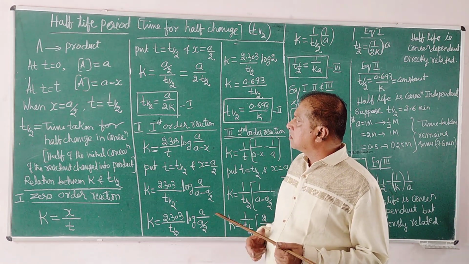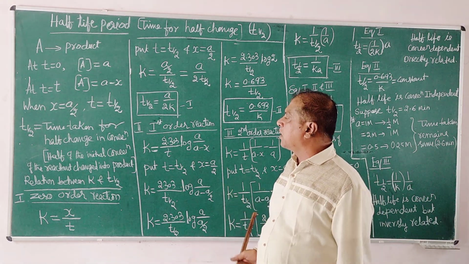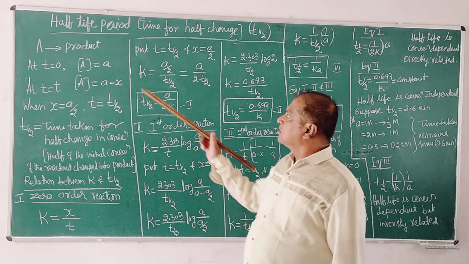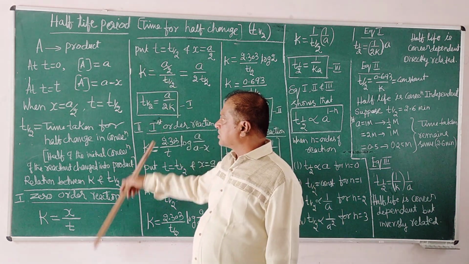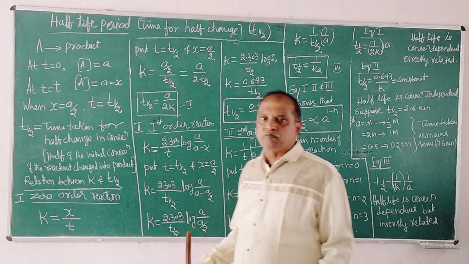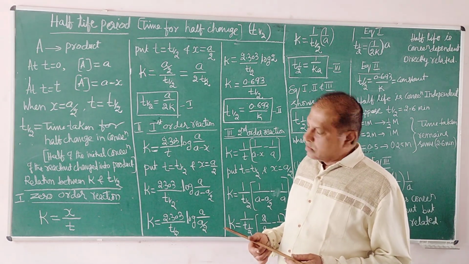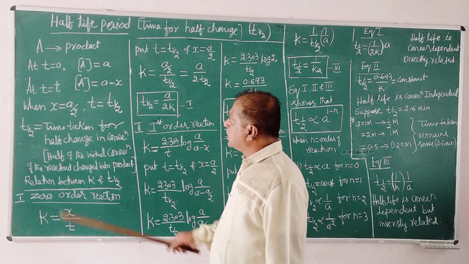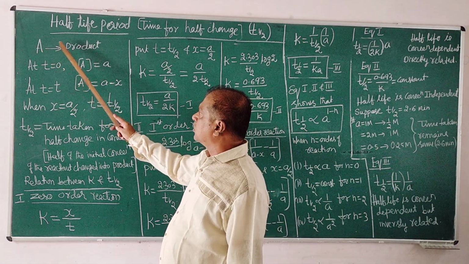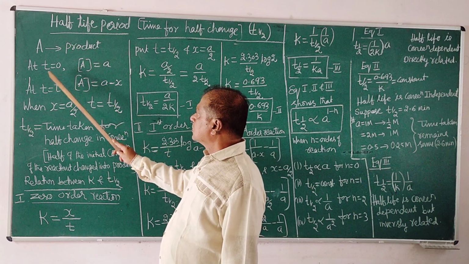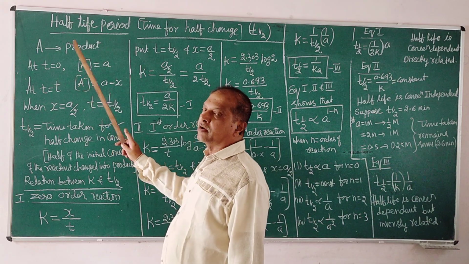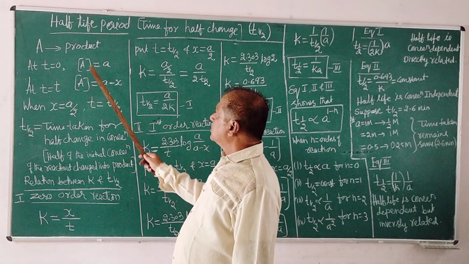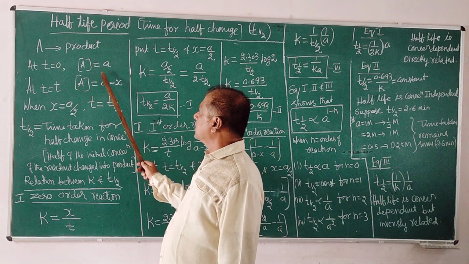Let us look into the concept of half-life in mathematical form. These are the usual notations. A gives rise to a product. When t equals 0, at the commencement of the reaction, the initial concentration of the reactant is a.